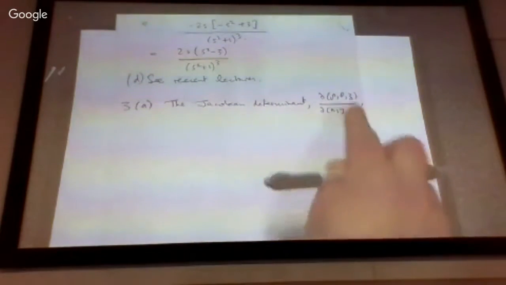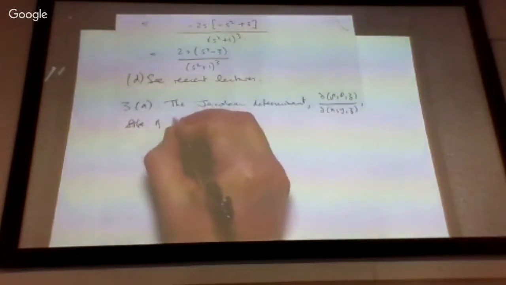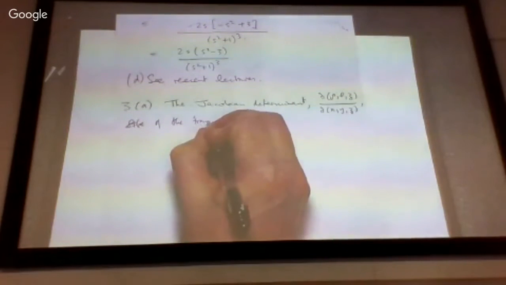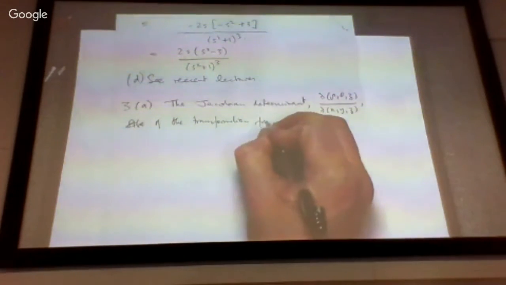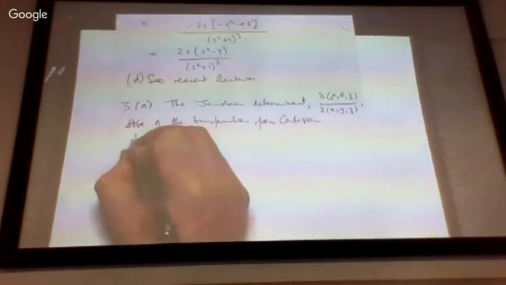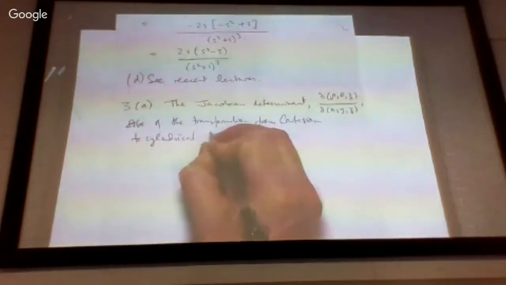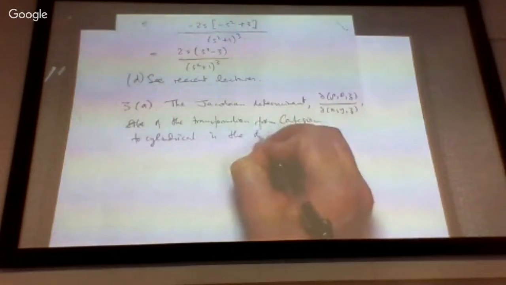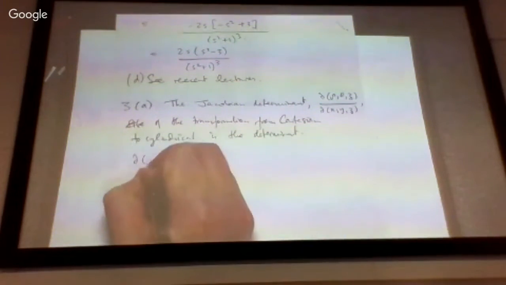So the Jacobian determinant of the transformation from Cartesian to cylindrical is the determinant. So it's this determinant.